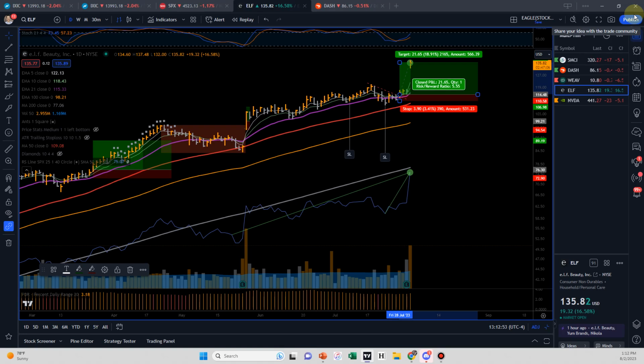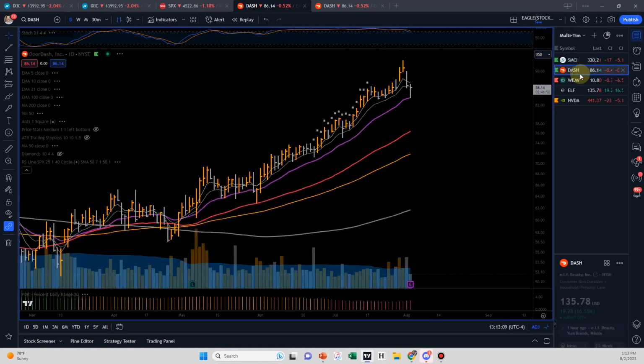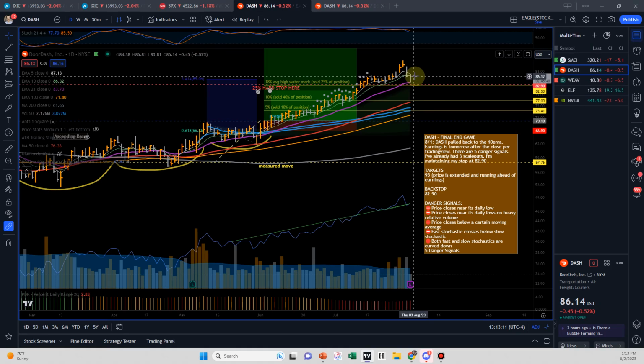Right, and so mentally, you have to be prepared with what you're willing to sacrifice for the move, and why. So for Dash, I'm only sacrificing a quarter of the position if this thing goes back down to the 50-day moving average.